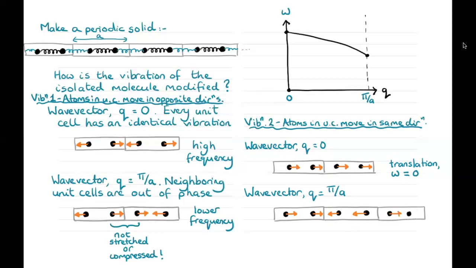So my third unit cell is the same as the first. This situation should actually remind us of what we saw previously at k equal to pi over a, in the case when the atoms in the unit cell were moving in opposite directions. We have pairs of atoms that are moving against each other, and then pairs that are not stretched or compressed. So here we have this pair of atoms that's being stretched, this pair that's not stretched or compressed, this pair that's stretched, and this pair that's not stretched or compressed.